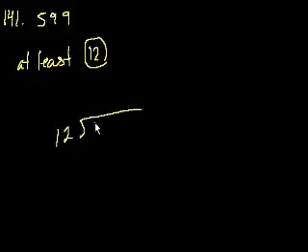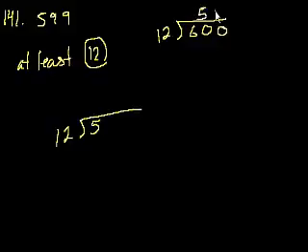12 goes into 600 50 times, right? So if this number were $600, if $600 were collected in increments of at least $12, then you could have at most 50 people, right? $600 would be 50 times 12.